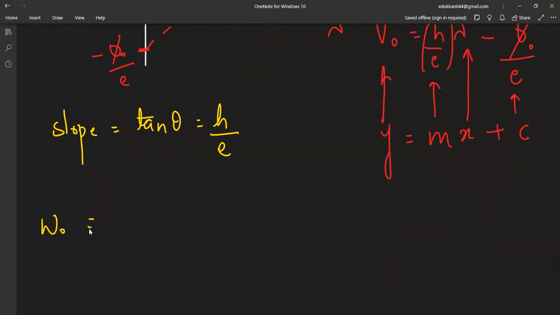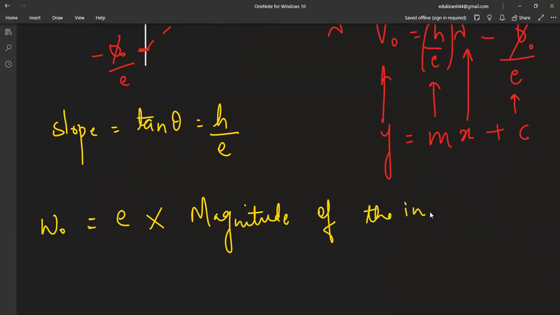Sometimes in questions I have seen it is given as electronic charge multiplied by the magnitude of the intercept on the vertical axis. So this is how work function can be determined. All right, so this is important. This you have to keep in mind.